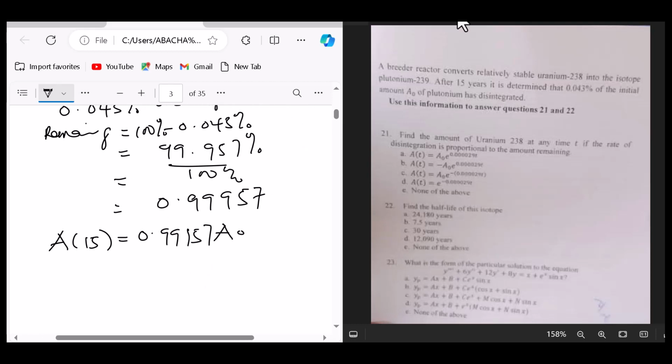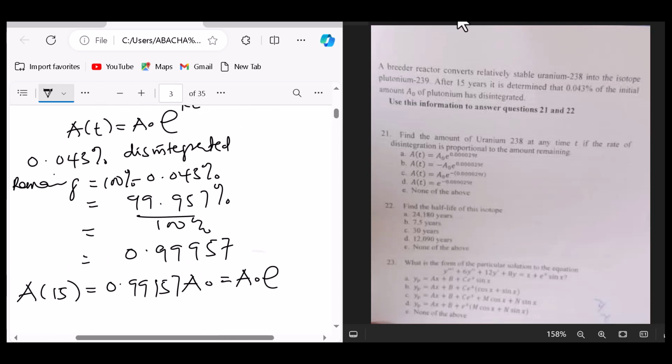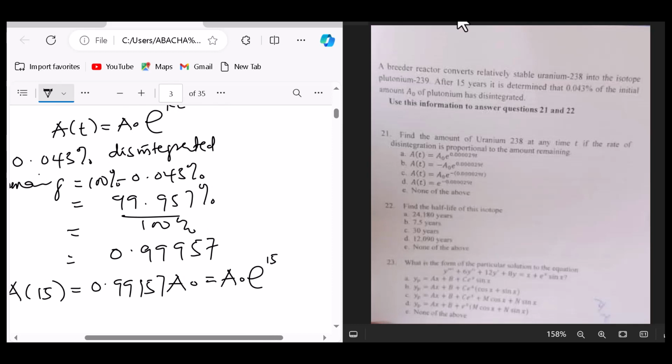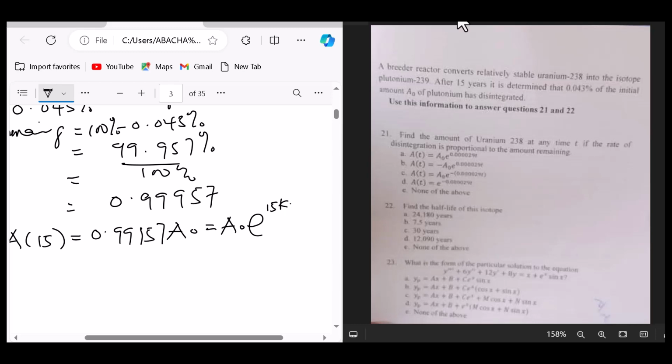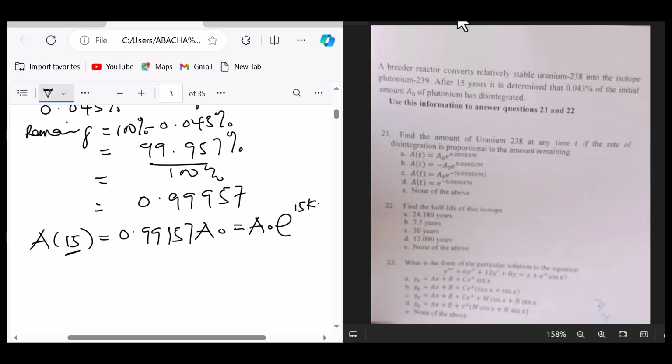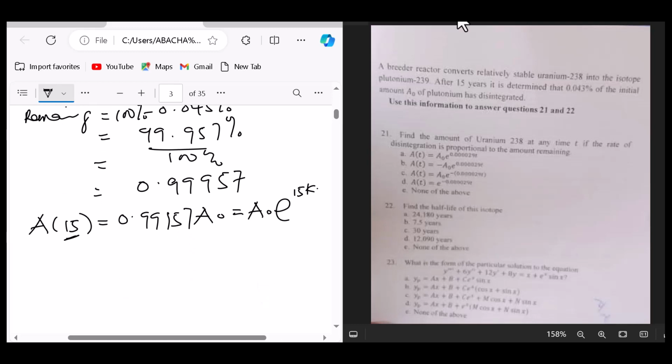Writing the equivalent of this will be A naught e power 15k, because the time given in the question was 15. So this implies that 0.99957 equals e power 15k.